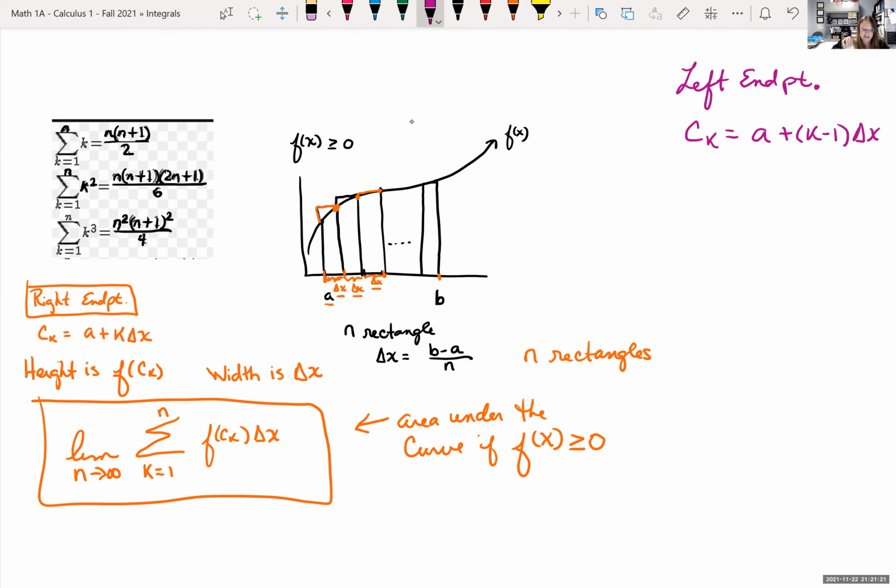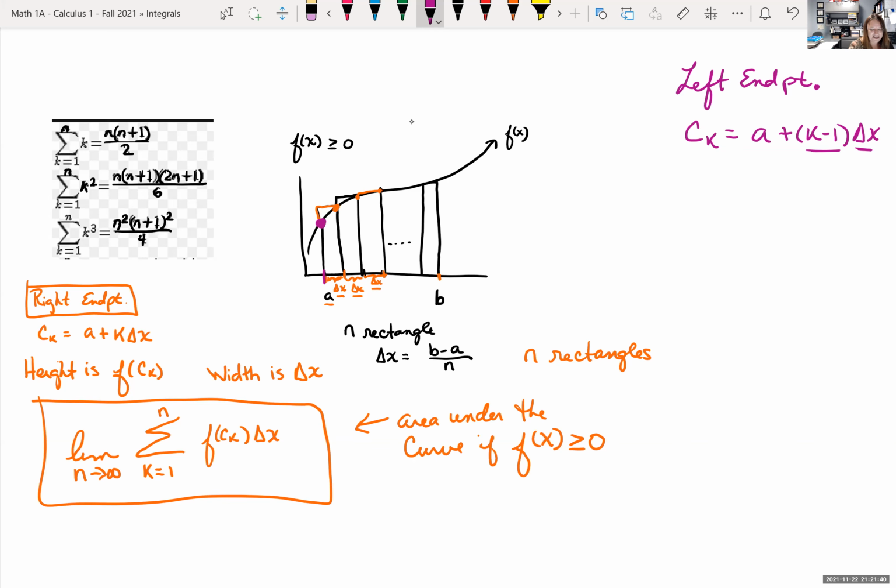If I start with k equals 1, that makes this piece 0, and 0 times delta x means I'm staying at my value of a, and that's going to give me that left endpoint.